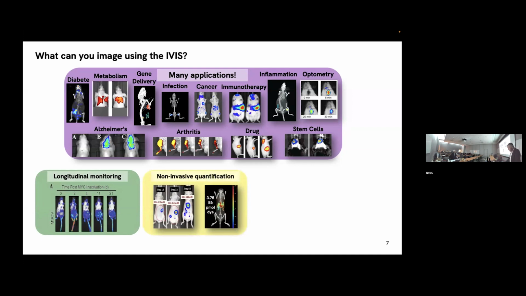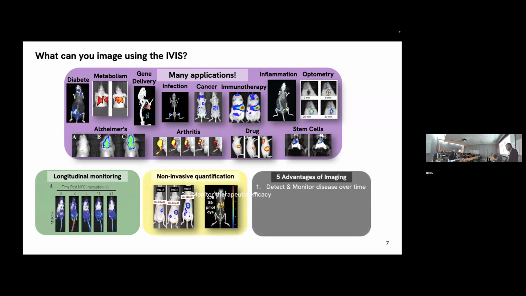Non-invasive quantification that you can do. And finally, all the advantages: detect and monitor the disease over time, monitor therapeutic effect with the drugs, probe development, biodistribution of the probe, and most important, it is fast, efficient, cost-effective that we have over here.